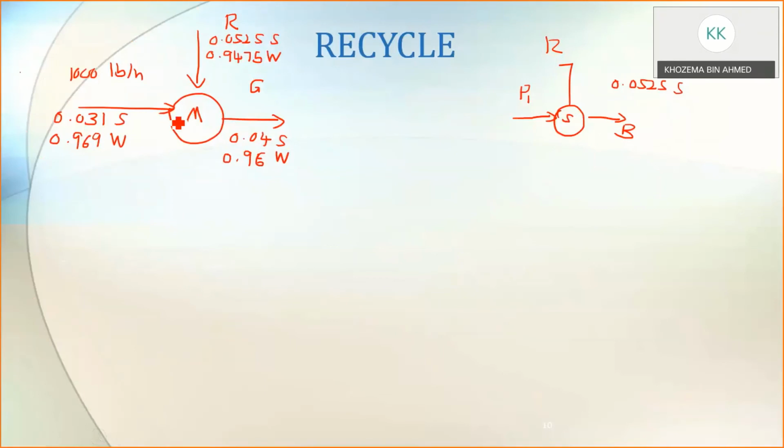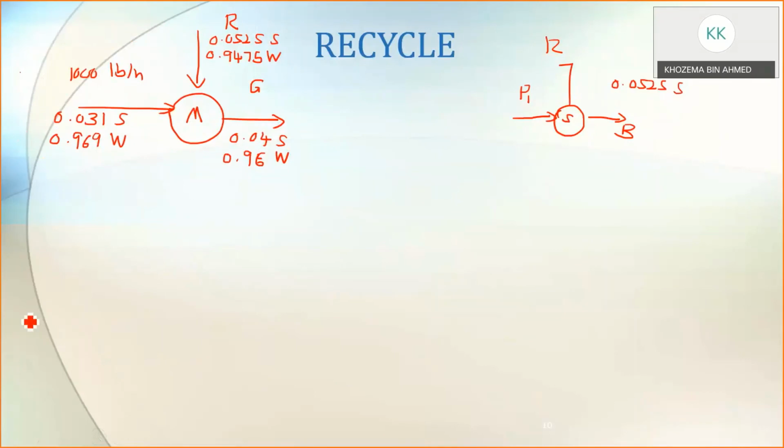Now if you look at our completely labeled flowchart for our mixing system, we have two unknowns, R and G, and we have two species, so we can make two independent equations. So basically we can solve for our R and G.